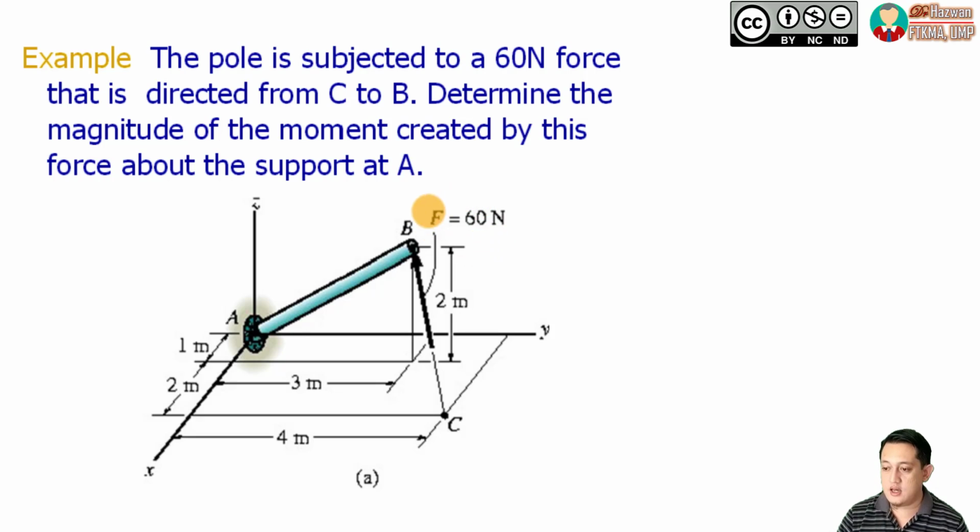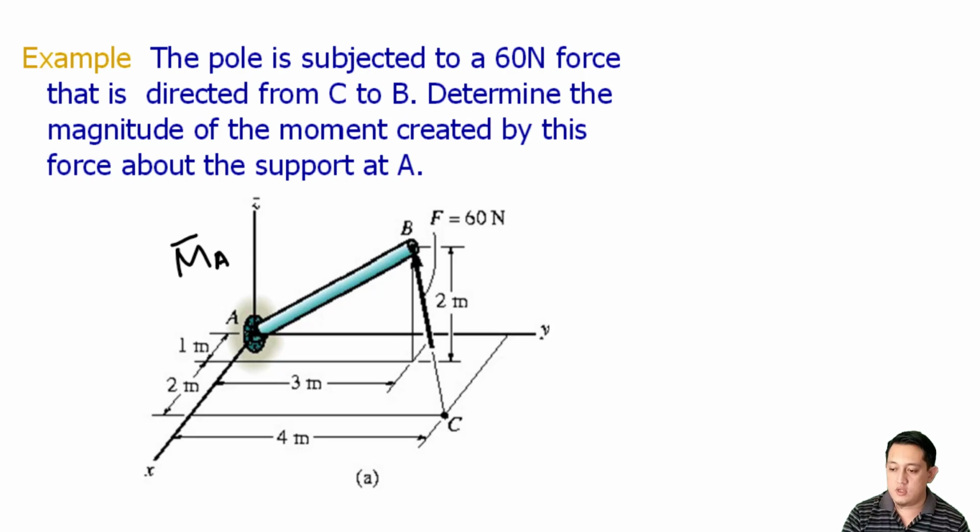This one, that is directed from C to B. Determine the magnitude of the moment created by this force about the support at A. So that means we need to calculate moment A. Before I proceed to the solution, I give you about 5 seconds to pause the video and try to do it by yourself first.